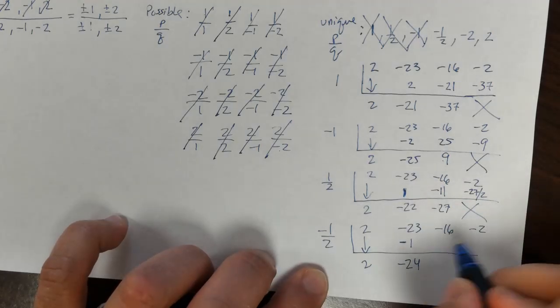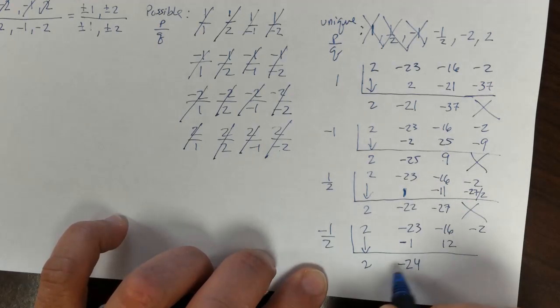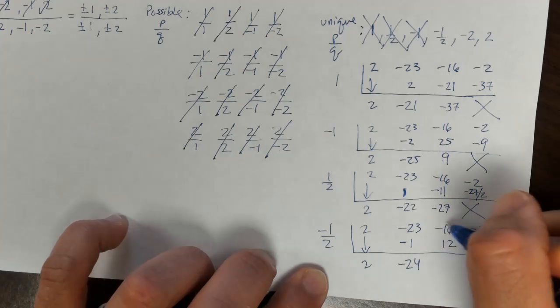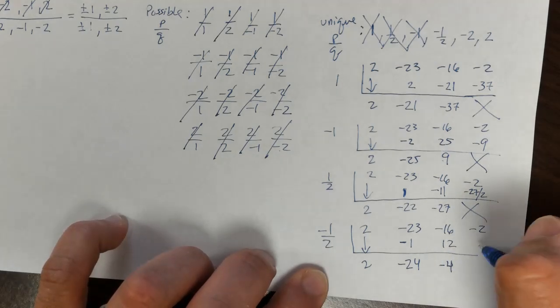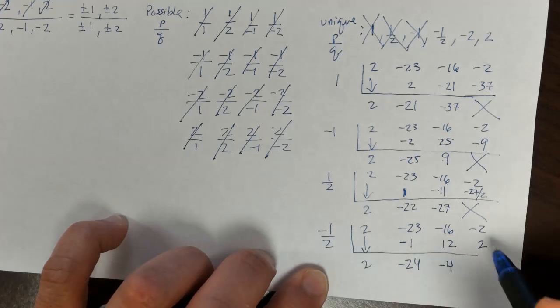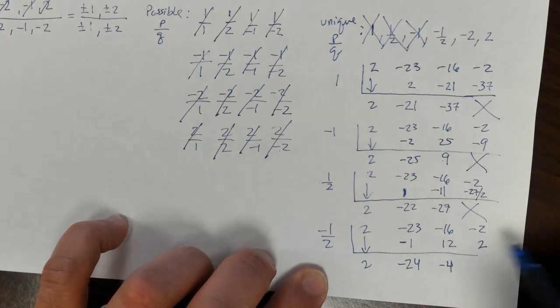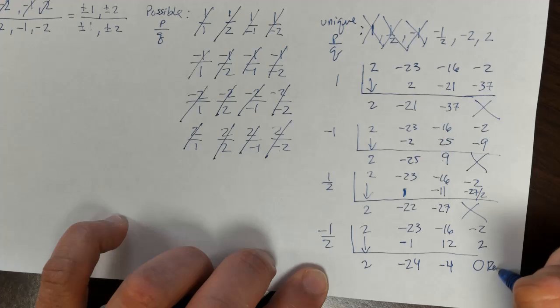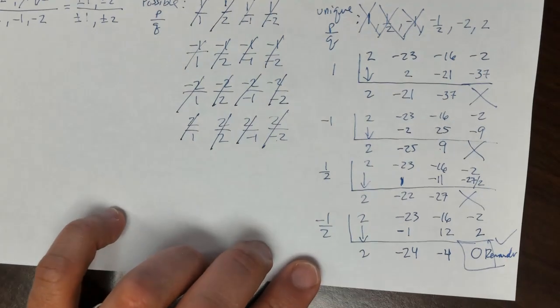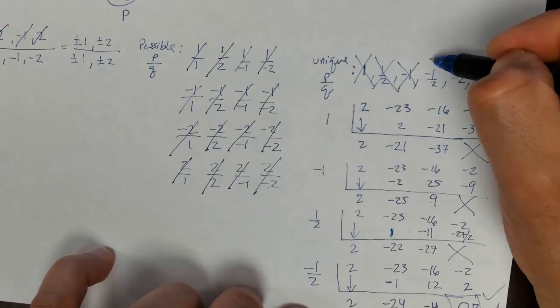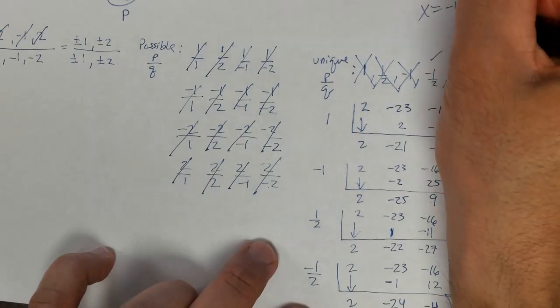Half of 24 is 12. And negative times a negative is a positive. So these add up to negative 4. Half of 4 is 2, and negative times a negative is a positive. And when I add these, see how I got a 0 remainder? We found our solution. It just took us 4 times to get to x equals negative half.